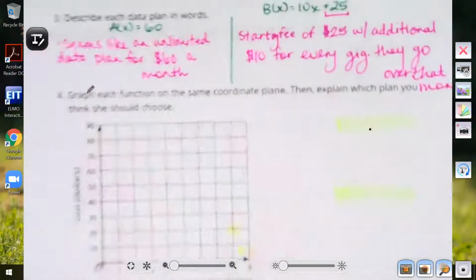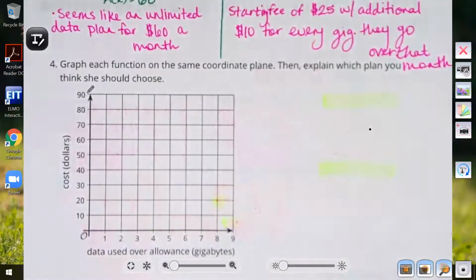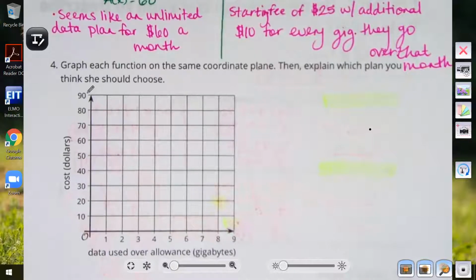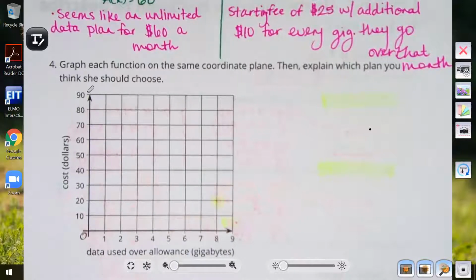Okay, now it says graph each function on the same coordinate plane, then explain which plan you think she should choose. So if you have 2 different colors of pens, I would color coordinate them, or if you only have a black, you can do a solid line and a dashed line to represent the 2. Hayden, would you like another color to work with?